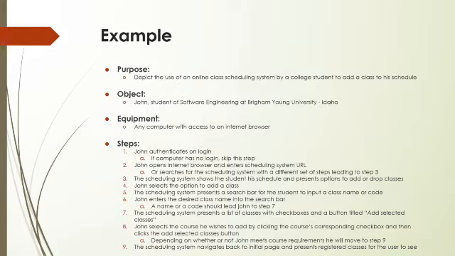John selects the course he wishes to add by clicking the course's corresponding checkbox and then clicks the Add Selected Classes button. Now, depending on whether or not John meets course requirements, he will move to step 9, or he will move to another step where he will be informed that he does not meet course requirements and then navigated back to the initial add or drop courses page, as he would be on step 9. The scheduling system navigates back to the initial page and presents registered classes for the user to see.